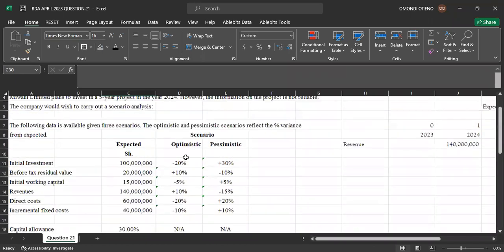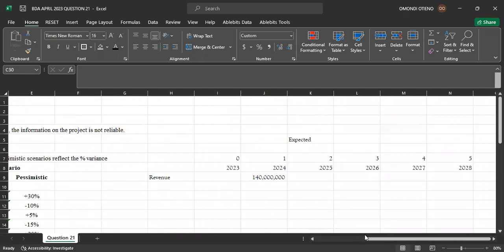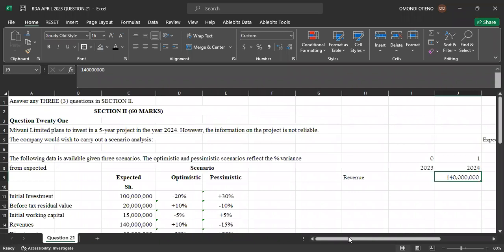So let's now come back to our revenue. So once we've been able to see this, there are some items that we are now expecting here. That depreciation, we expect it to be there, and it is on initial investment. The initial investment is the amount spent there.